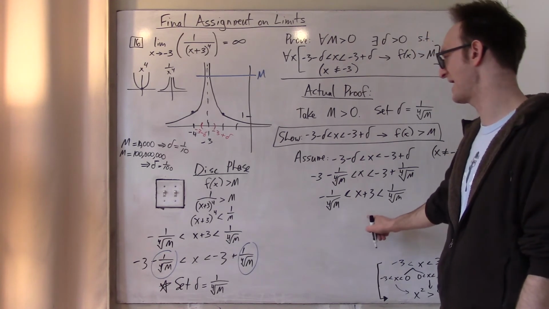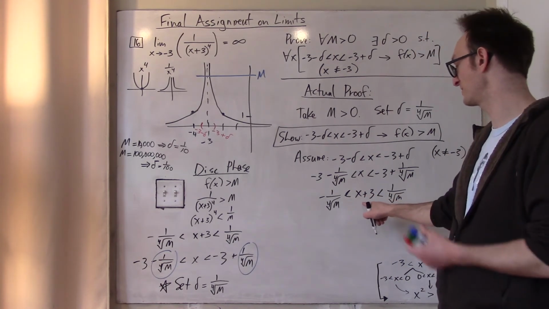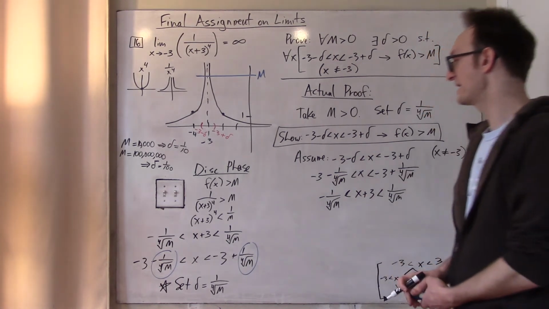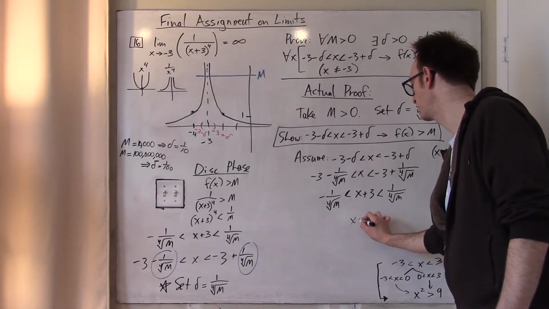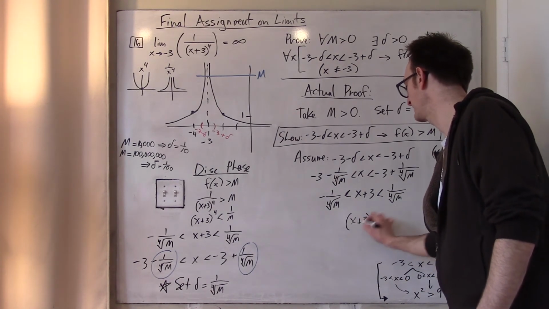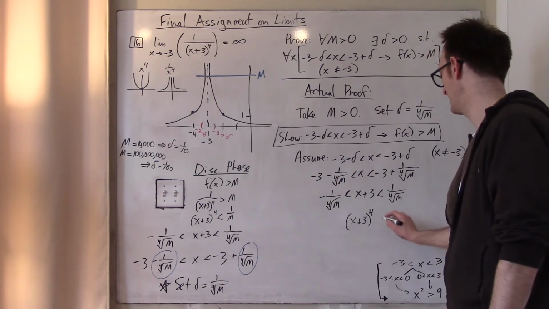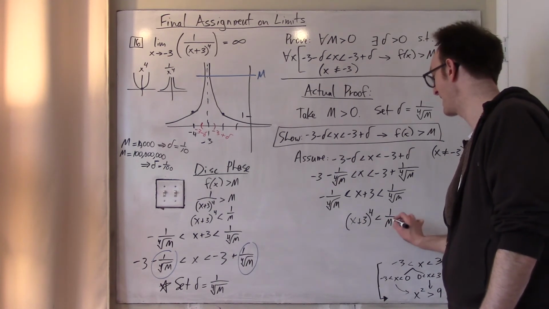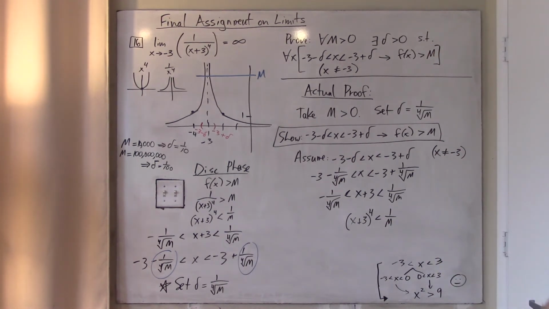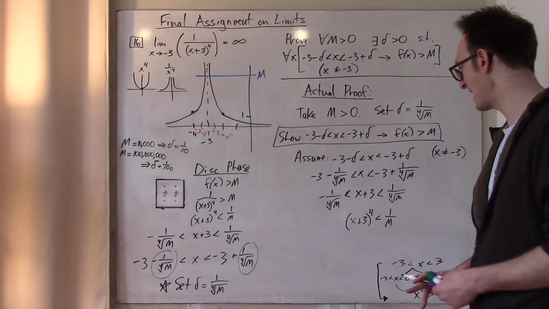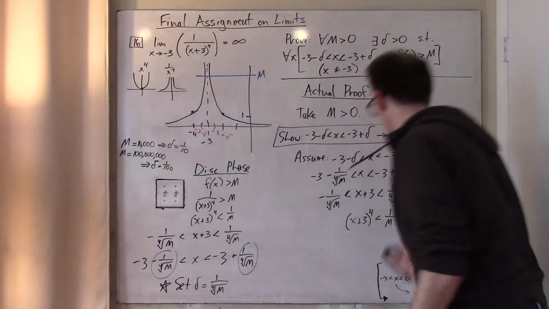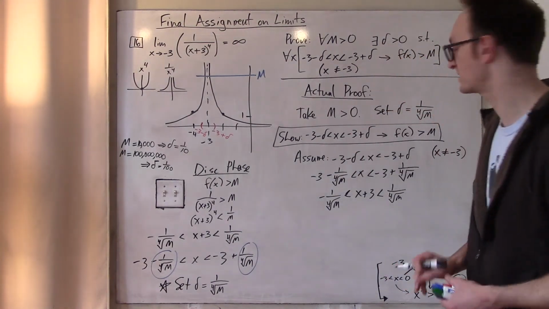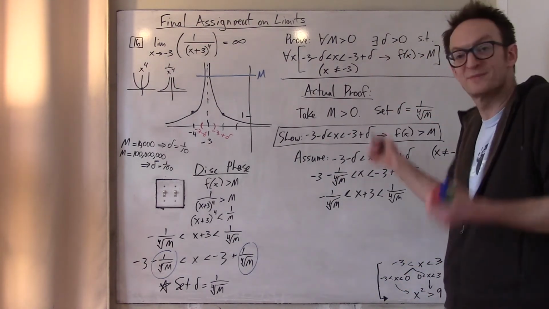it, and I'm just going to say, yeah, if this is true, if this number is between these two, then it's just true that x plus 3 to the fourth is less than 1 over m. It's the exact same logic as going on down below. What everyone does in this situation, I'll just tell you, is they just invoke absolute values, because it just seems easier.